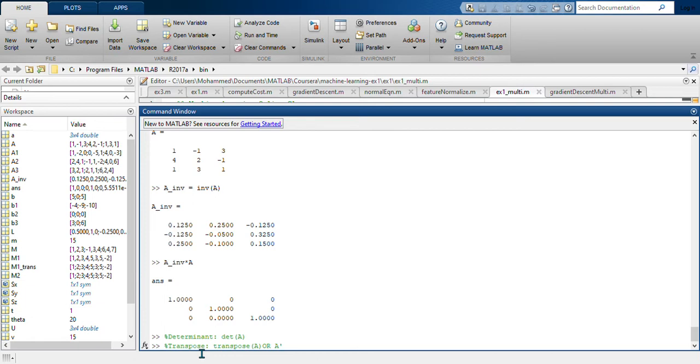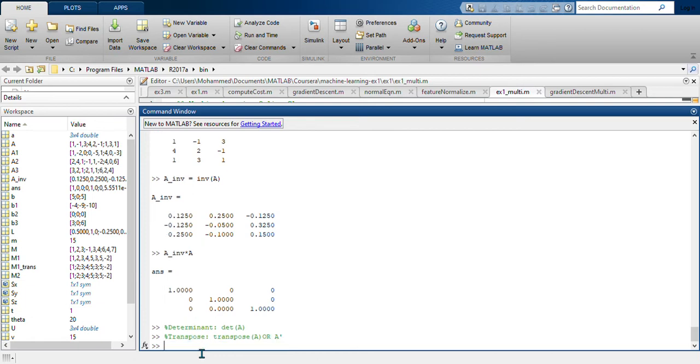So A transpose. Either way you'll get the same answer. And for inverse, the MATLAB command is inv of A. And you can use the assignment operator to store your answers in a different variable.